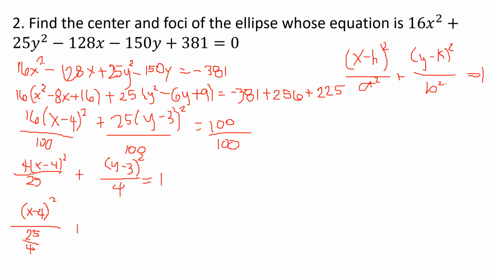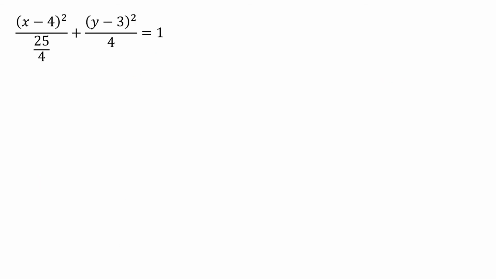Squared plus y minus 3 squared over 4 equals 1. So we have now our equation of an ellipse in its vertex form. Now it is easy for us to solve for its center and the foci. Let's identify the a, b, and c.